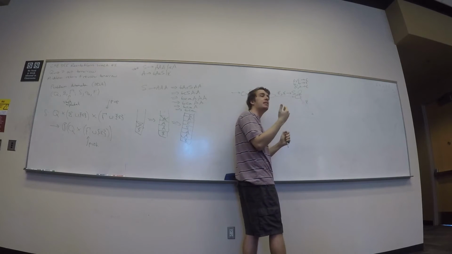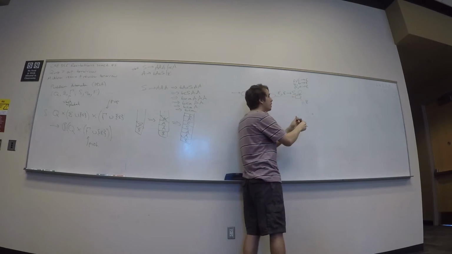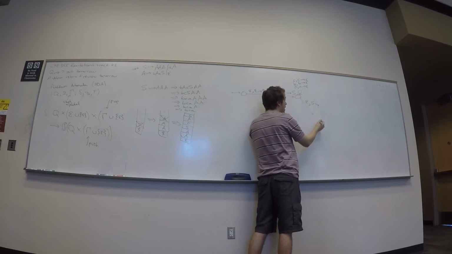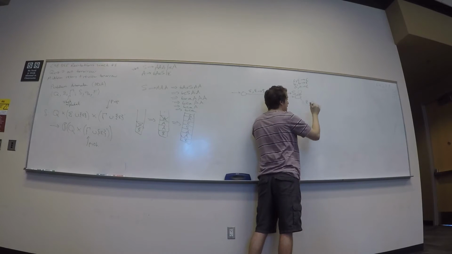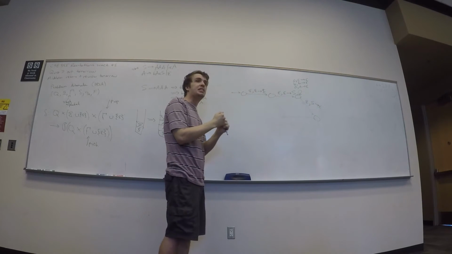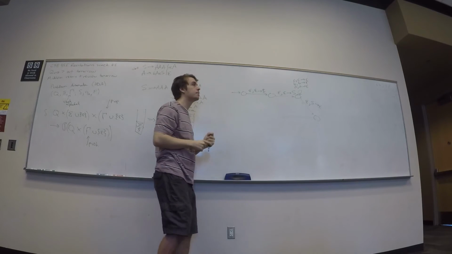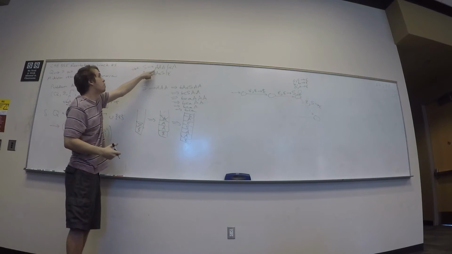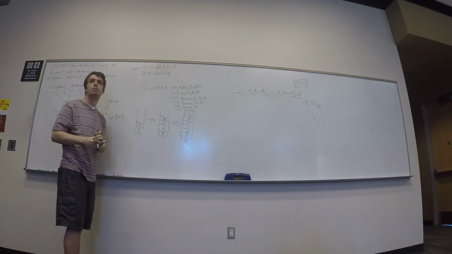But I said that we see an S on the stack, so I better pop the S off, and then we're going to worry about pushing in a second. But for right now, I see an S on the stack, I'm going to pop it off. So now what do we got to do? Let's say that we wanted to apply a triple A right here.